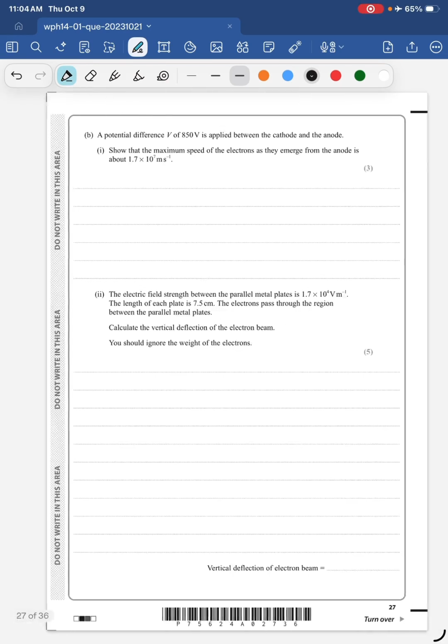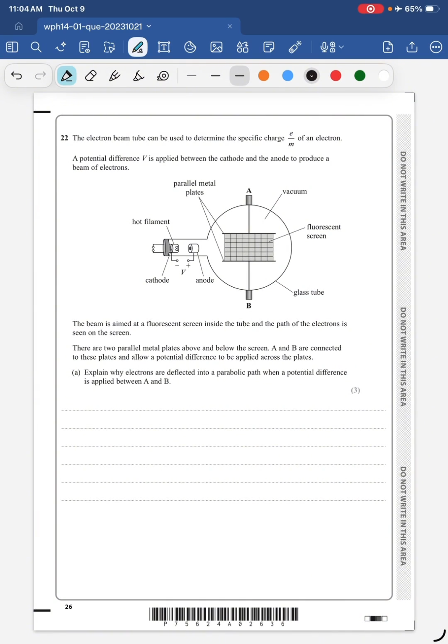Okay, yes. So, question 22. The electron beam tube can be used to determine the specific charge e over m of an electron. The potential difference V is applied between the cathode and the anode to produce a beam of electrons. The beam is aimed at a fluorescent screen inside the tube, and the path of the electrons is seen on the screen.